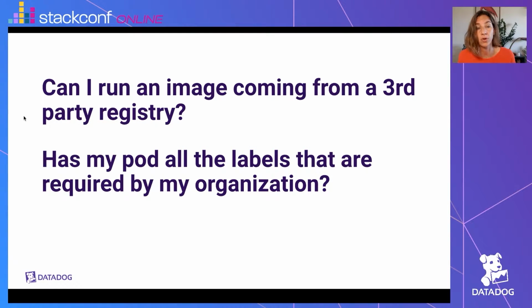Things that you cannot do using RBAC: answer questions like, can I run an image coming from a third-party registry in my cluster? Or do my pods all have the labels that are required by my organization? These types of things cannot be defined with RBAC. RBAC basically says what the verb is, the thing that you can do for an object, but not what is inside that object.